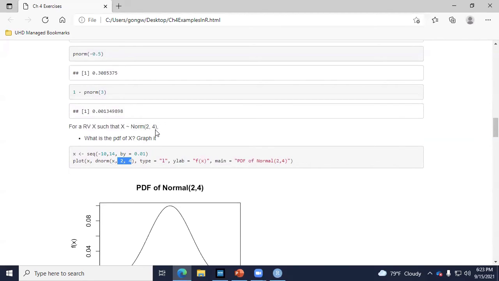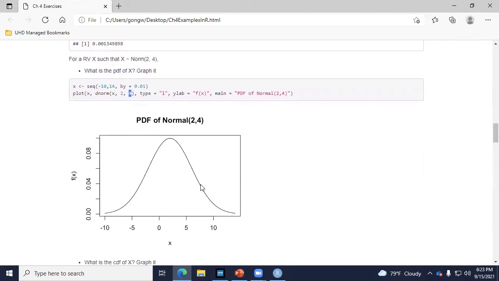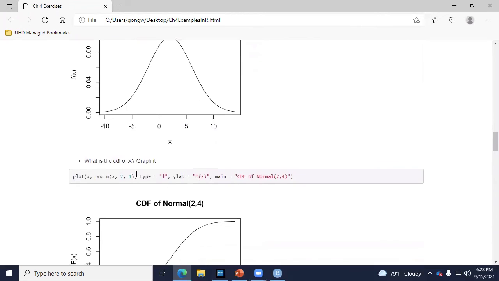You just need to pay attention that when you specify the normal distribution, you need to provide the standard deviation, not the variance, to dnorm, pnorm, or anything for the normal distribution. So this is how you do the PDF for the normal distribution.